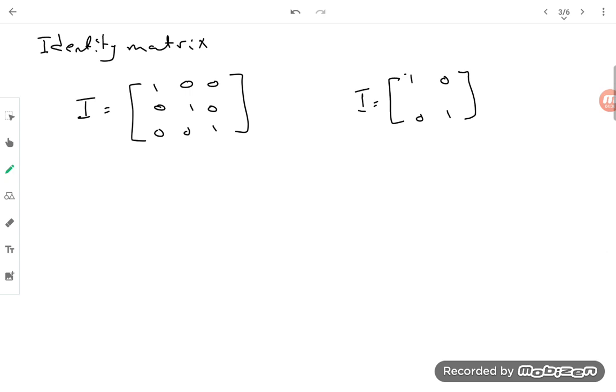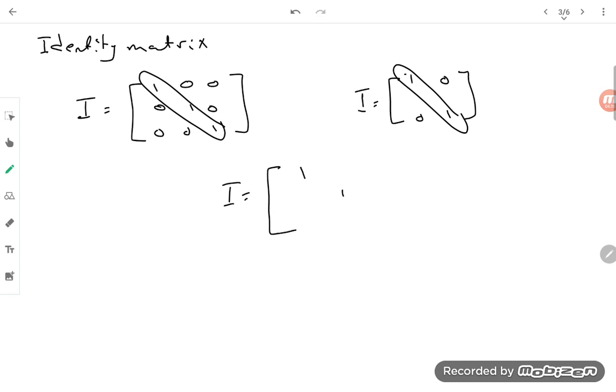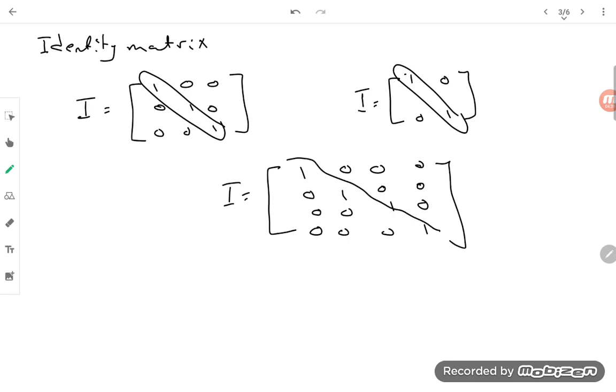So mainly the main idea is that the diagonal is 1, all other items are zeros. And this is 4 by 4, for example. So the diagonal is 1. So this is identity matrix.